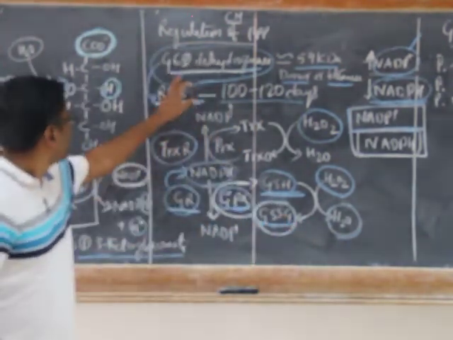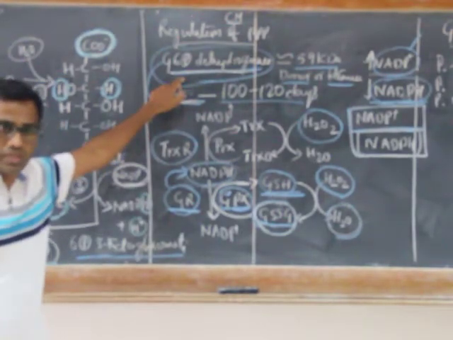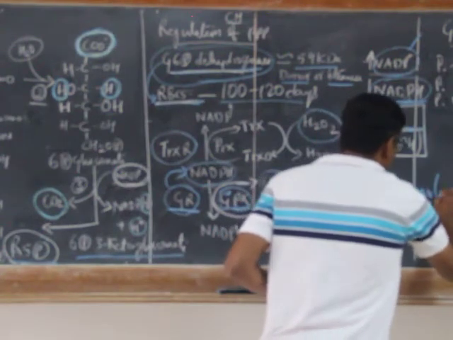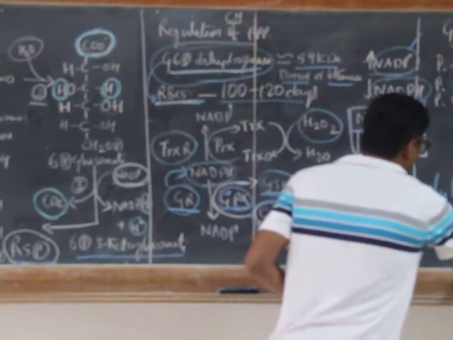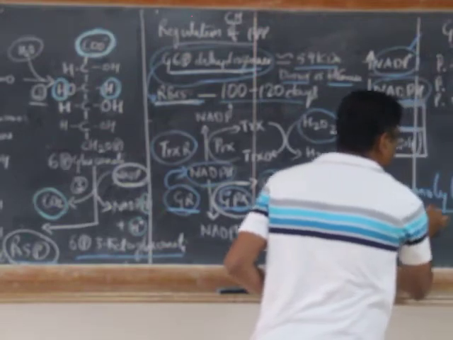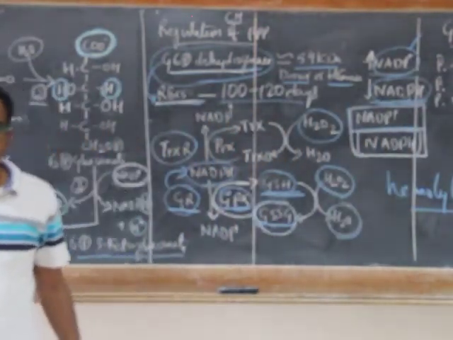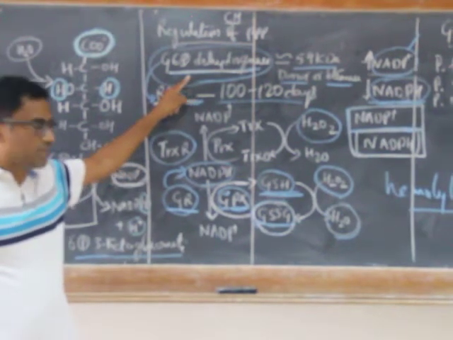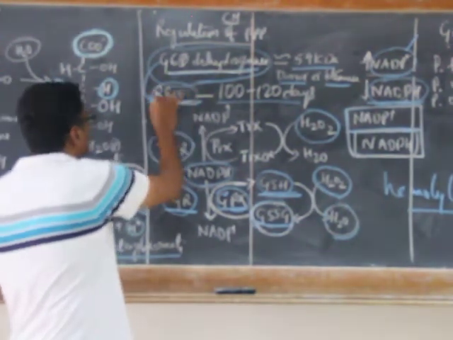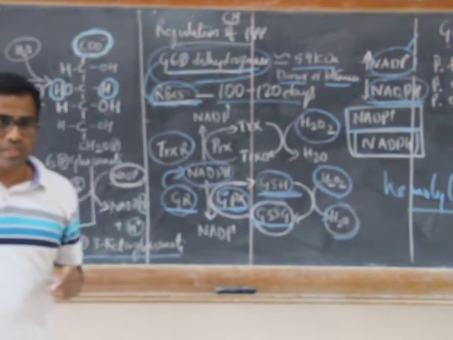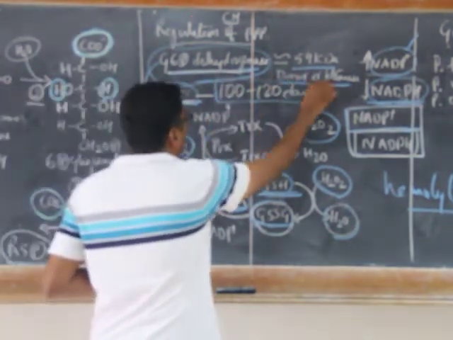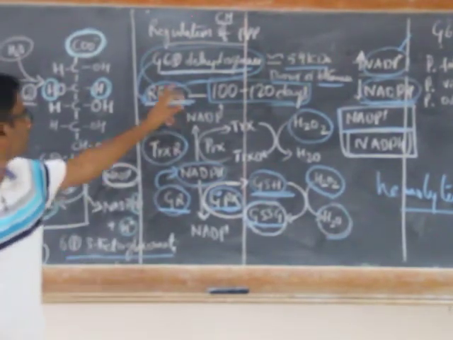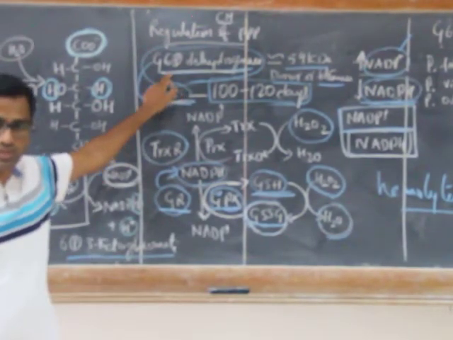So, deficiency of glucose 6-phosphate dehydrogenase can lead to hemolytic anemia. There will be hemolysis. Deficiency of glucose 6-phosphate dehydrogenase makes RBCs vulnerable to oxidative stress and they don't live 100 to 120 days. Their lifespan will be reduced in the absence of glucose 6-phosphate dehydrogenase.